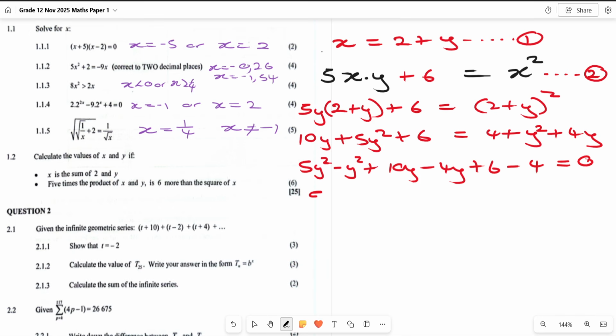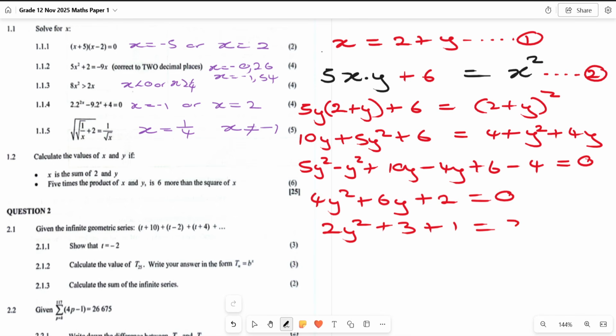Now let's simplify. 5, oh no, it's not 5 anymore. It is 4y squared. 10y minus 4y gives us, guys, come on, it gives us plus 6y. And then this one, 6 minus 4 plus 2 is equal to 0. Just quickly, you can divide everything by 2, and we're going to have 2y squared plus 3y plus 1 is equal to 0.